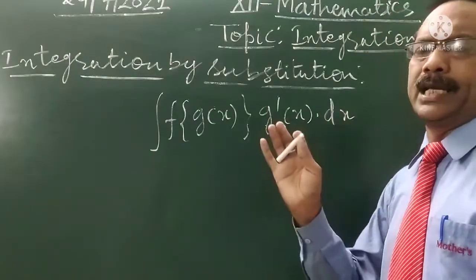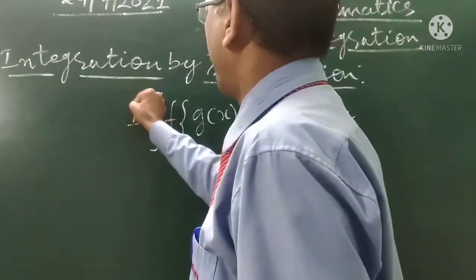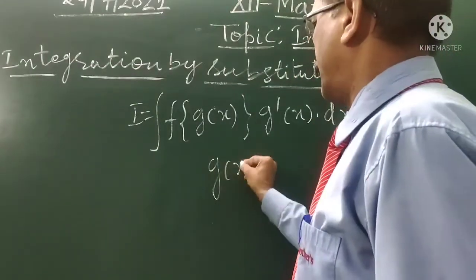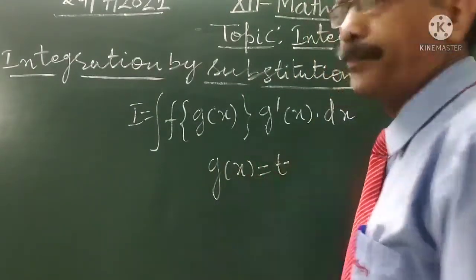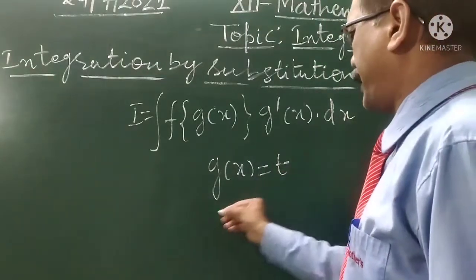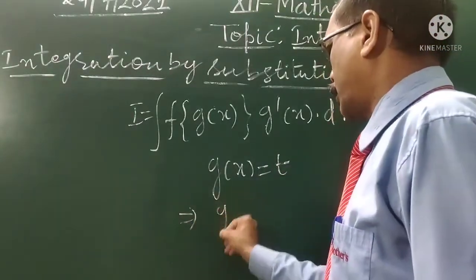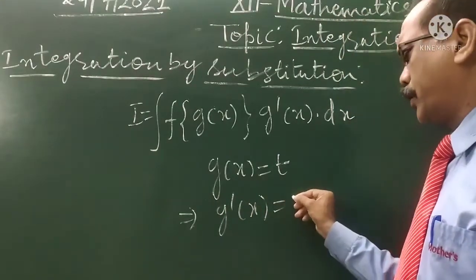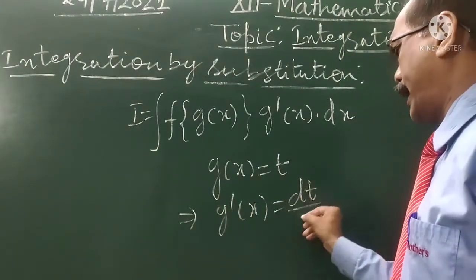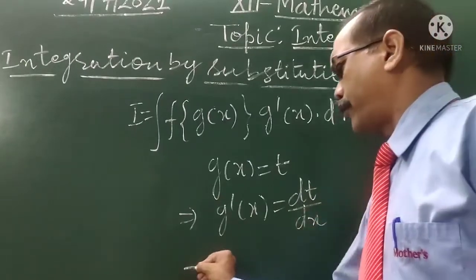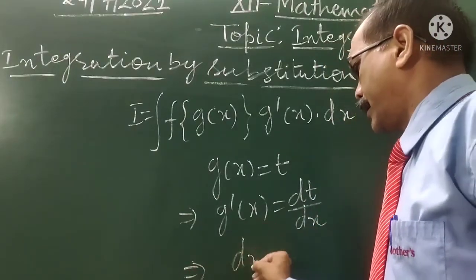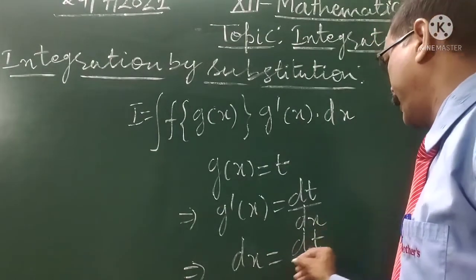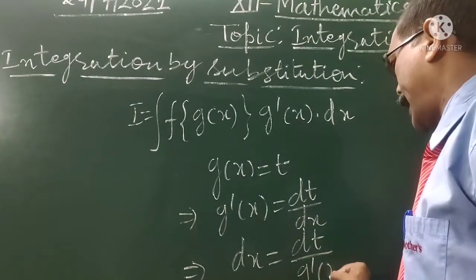To integrate this, we have to assume g(x) equal to t. Now we will differentiate this. So g dash x is equal to dt over dx. From this, we will find the value of dx. It is dt upon g dash x.